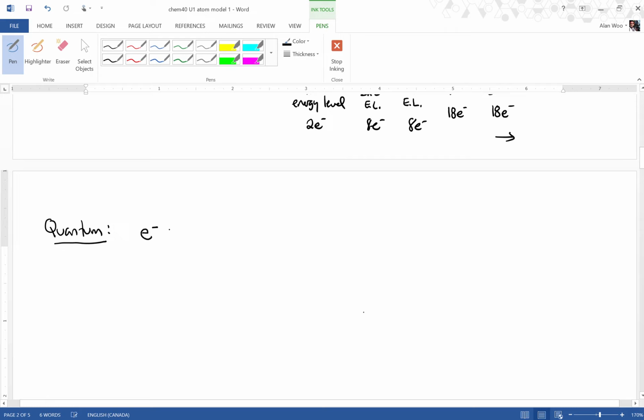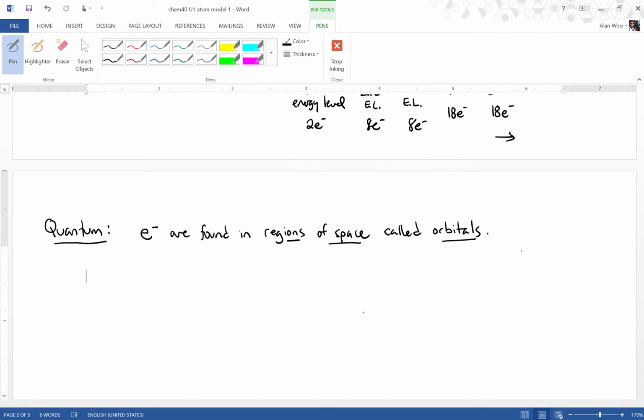Okay, so unlike the other models, electrons are found in regions of space called orbitals. Now, they're different from the shells and the random movement of electrons.